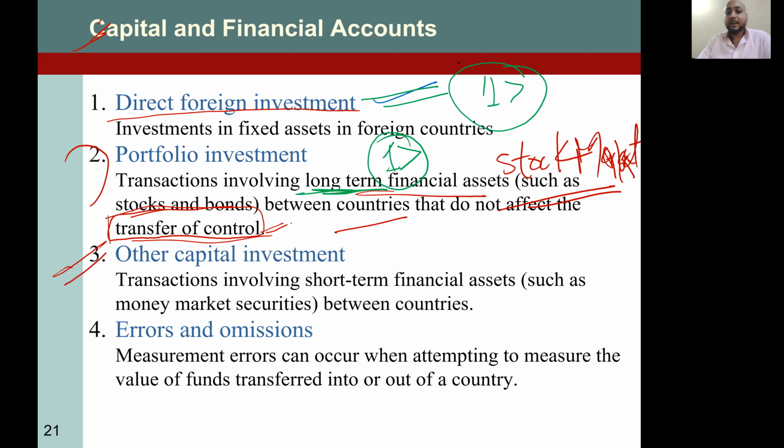But in other capital investment, we have transactions involving short-term financial assets such as money market securities between countries.